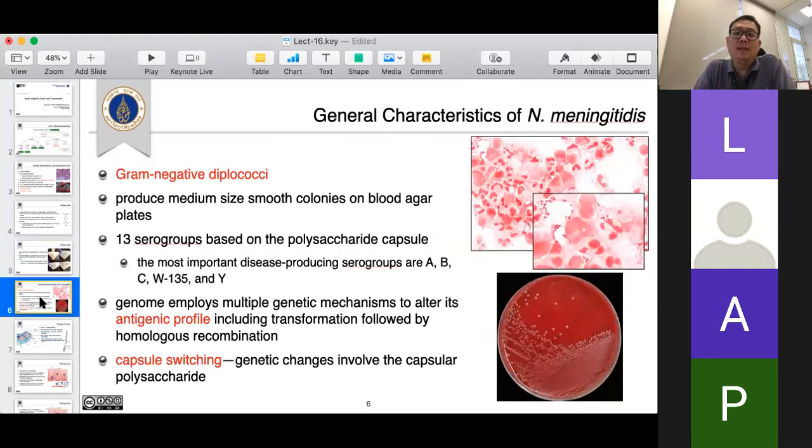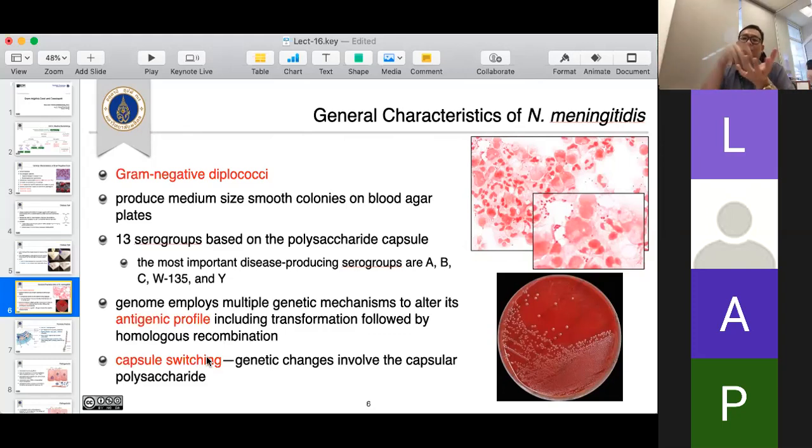The first bacteria that we try to mention is Neisseria meningitidis. They cause meningitis. Okay. For this bacteria, the important thing is they have capsule switching. They possess a capsule around the diplococci, and the capsule is also an antigen. Once the capsule is present, they induce an immune response.